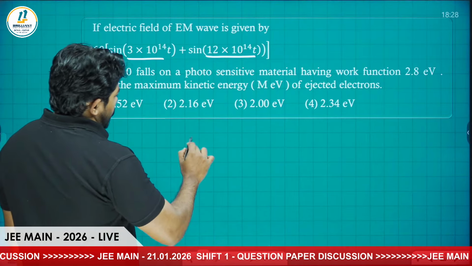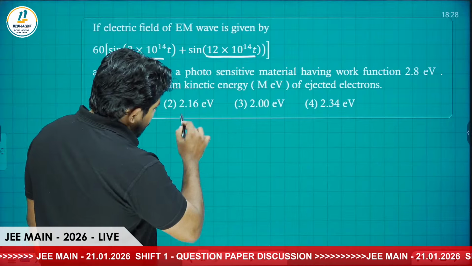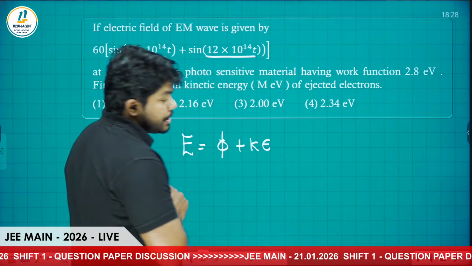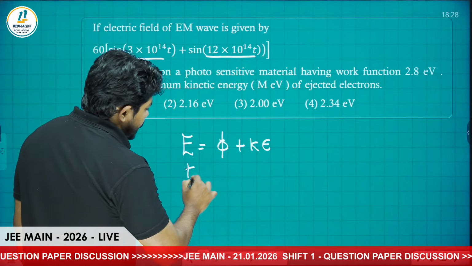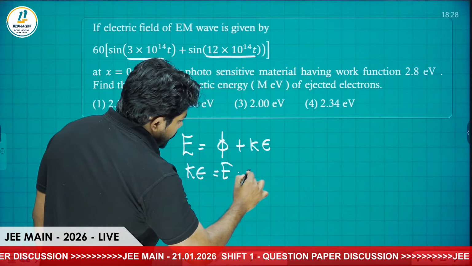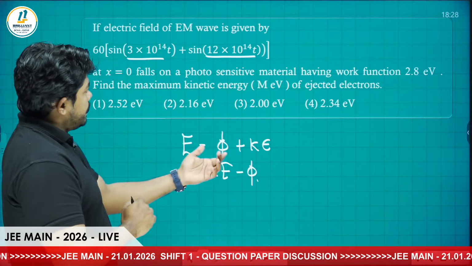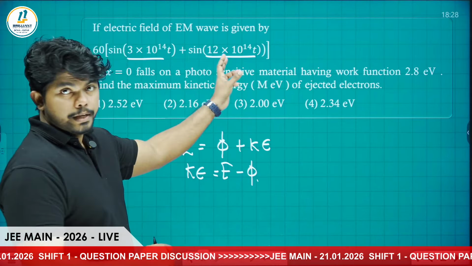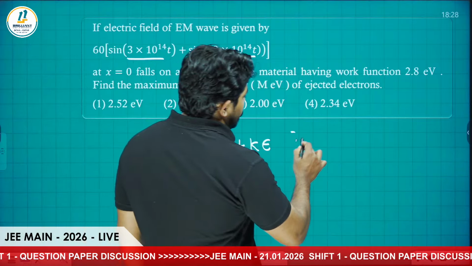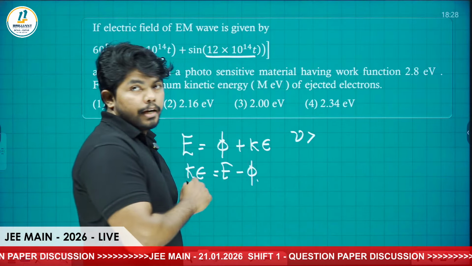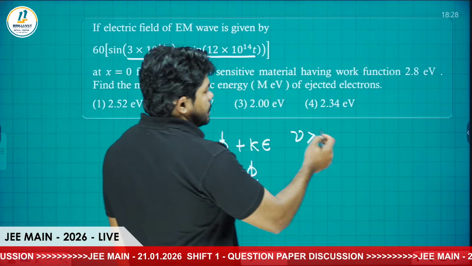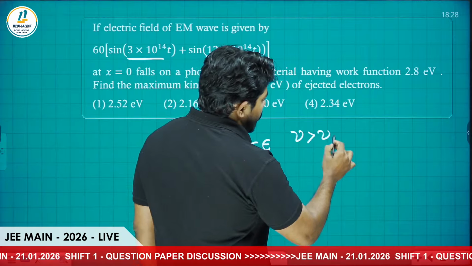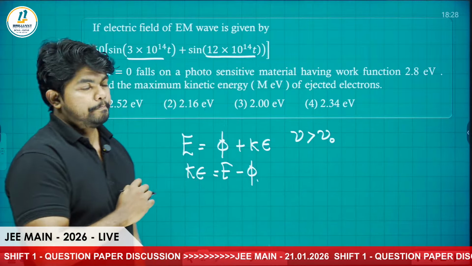So by the photoelectric effect, we know that energy is equal to work function plus maximum kinetic energy, right? So kinetic energy will be E minus phi. And how can we find the energy here? Because there are 2 frequencies, we have to take the maximum frequency, because the condition of the photoelectric effect is that the frequency of the incident radiation should be greater than the threshold frequency.